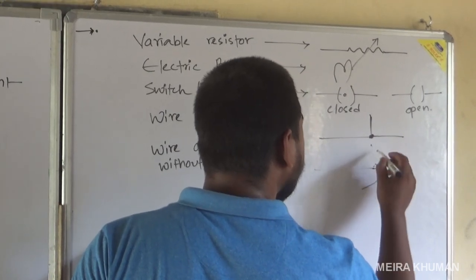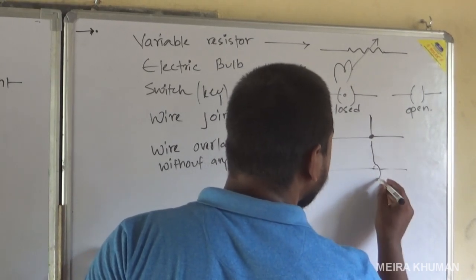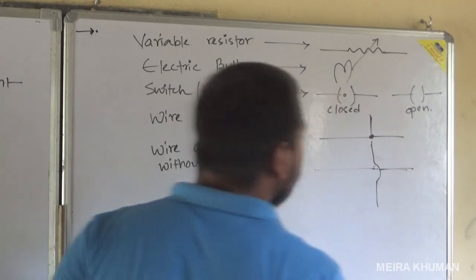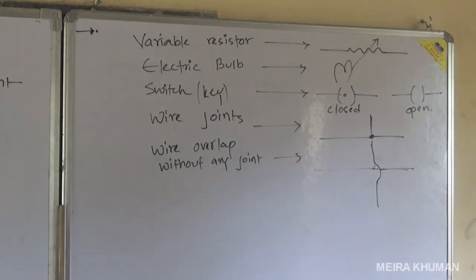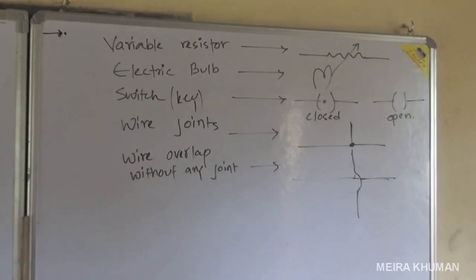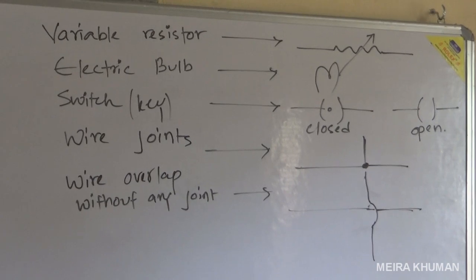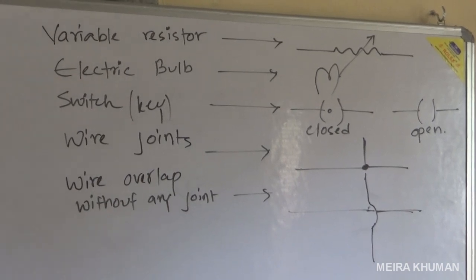So see, these are two electrical wires which have no joint, although they are overlapping each other. Clear that much? So these are very simple electrical appliances that we are going to use frequently in our upcoming topics.